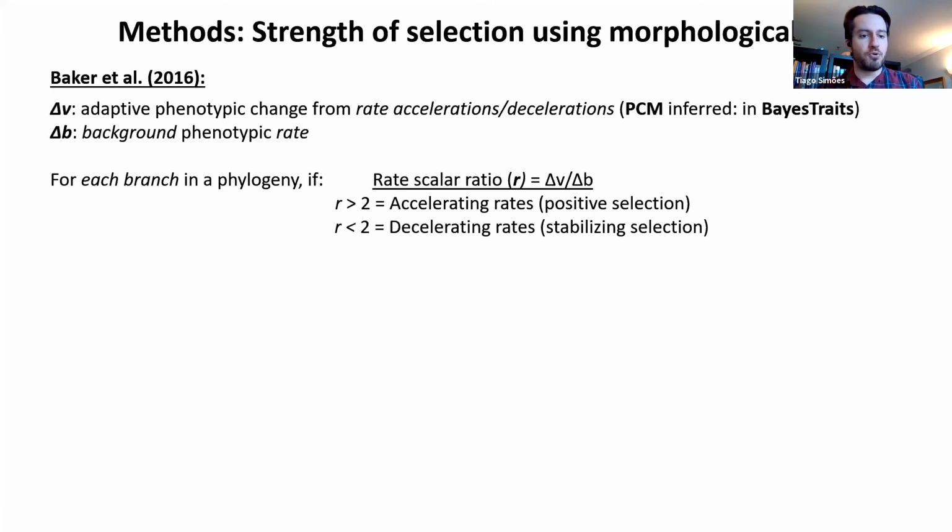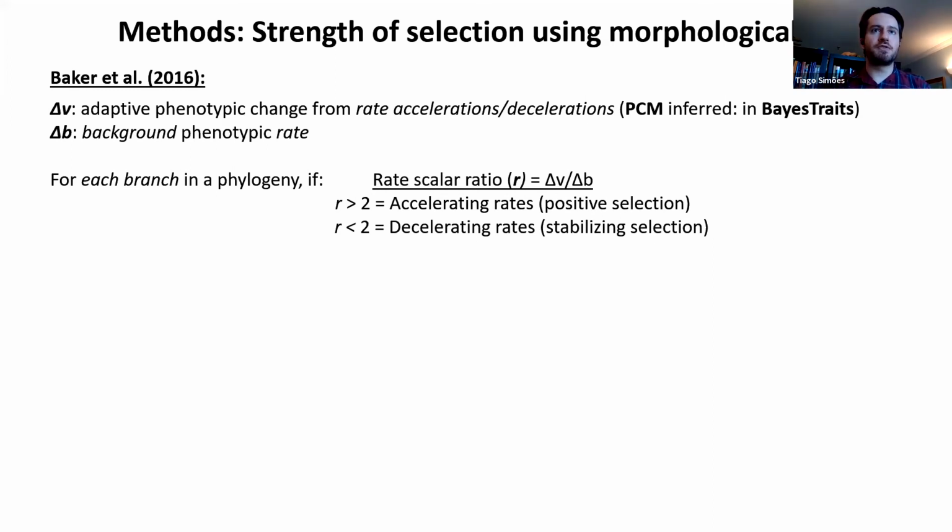Expanding the approach of estimating rates of evolution, we can also utilize those rates to measure the strength of natural selection. This is something that is done for molecular data sets, and in 2016 Baker and colleagues implemented it for morphological data sets.